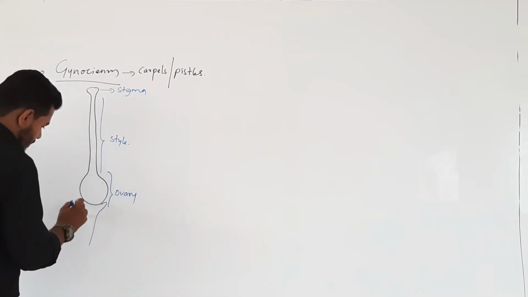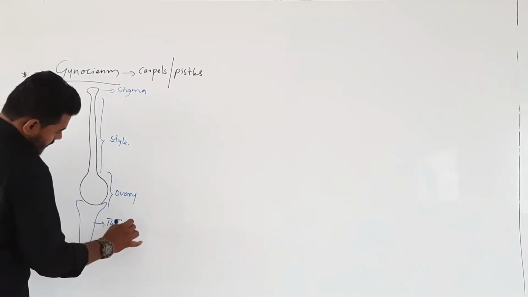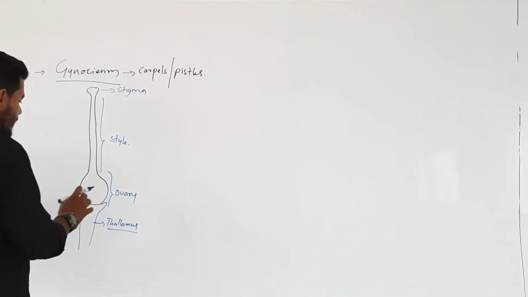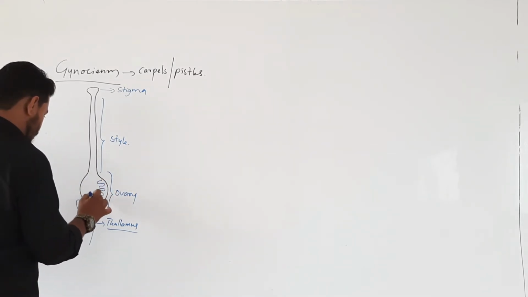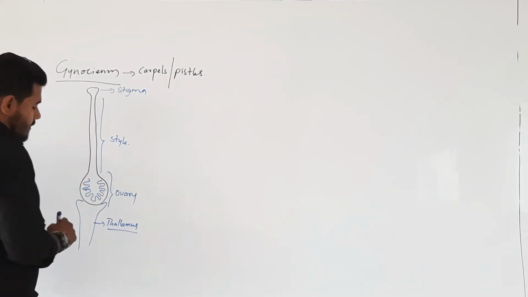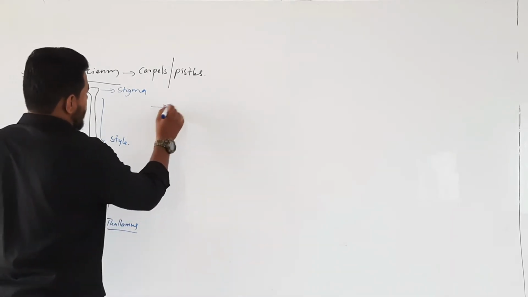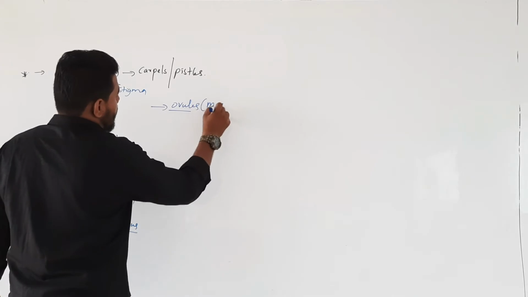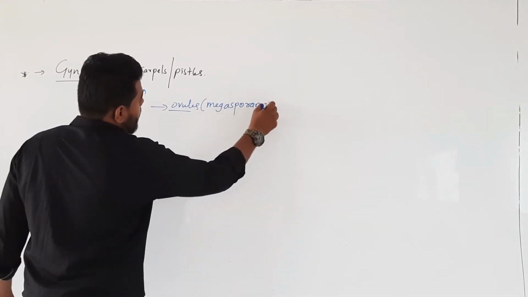which is placed on thalamus, remember. Okay, inside the ovary you find ovules, or megasporangium.